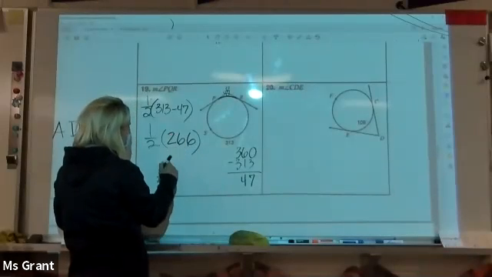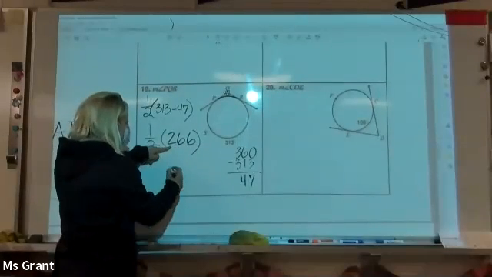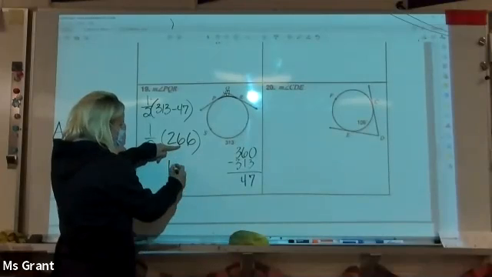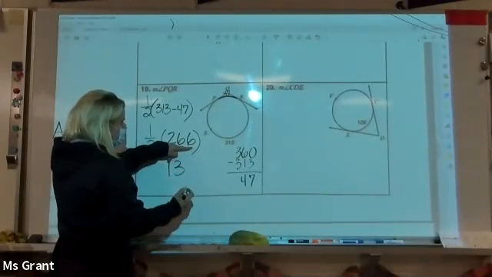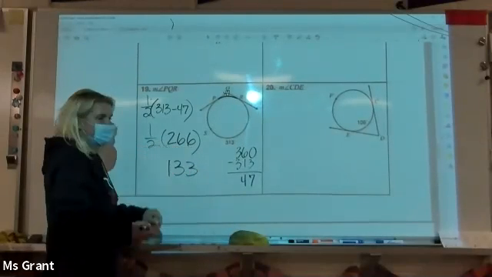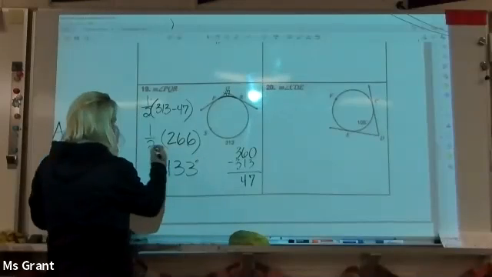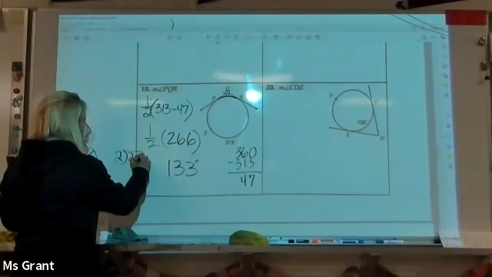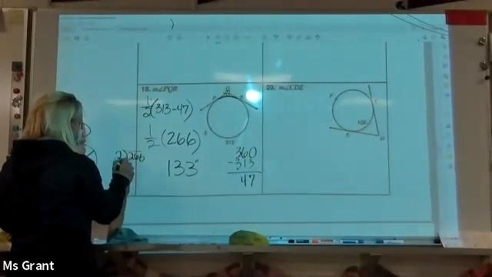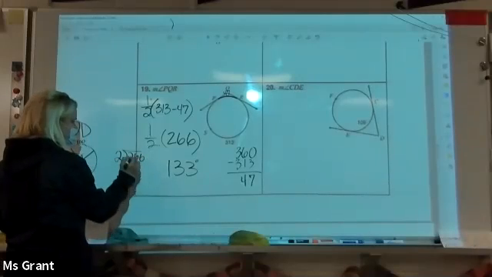Actually, 2 goes into all three of these numbers. 2 goes into 2 once. 2 goes into 6 3 times. 2 goes into this 6 3 times. There's your answer. I did this in my head.